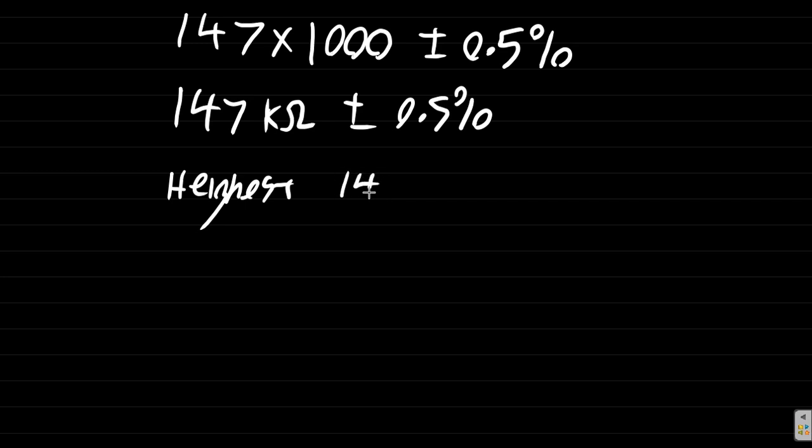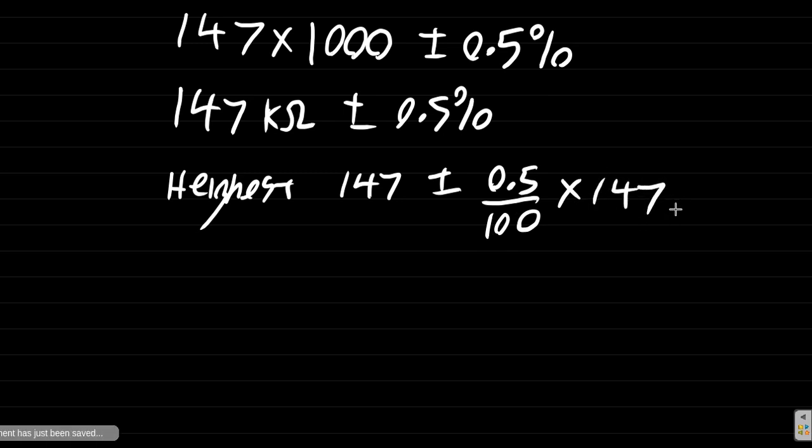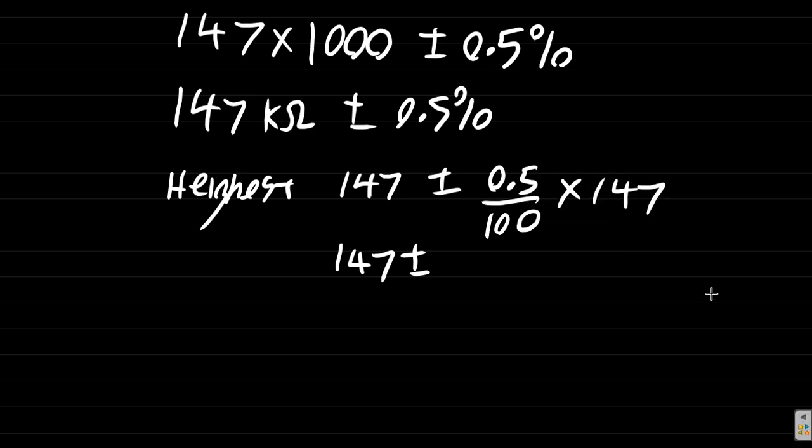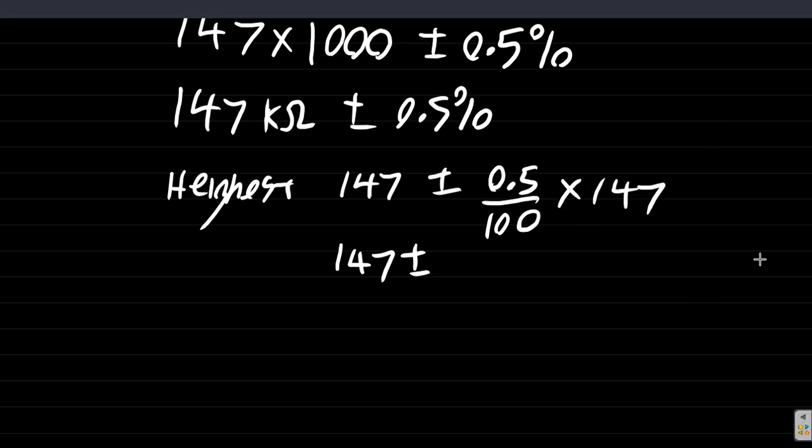It will be 147 plus 0.5% of 147. And remember, we're dealing with kilo ohms. This is not 147 ohms, it's 147 kilo ohms. Let's just use our calculator here to get that value.